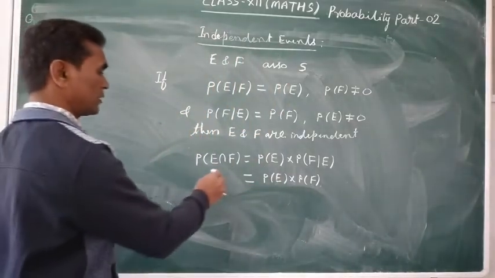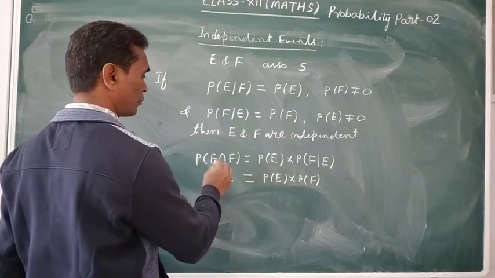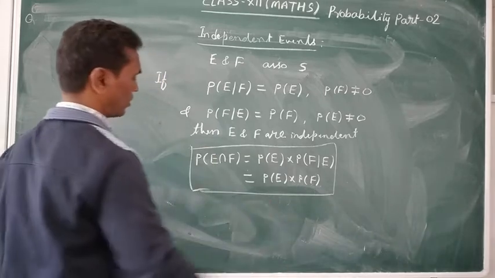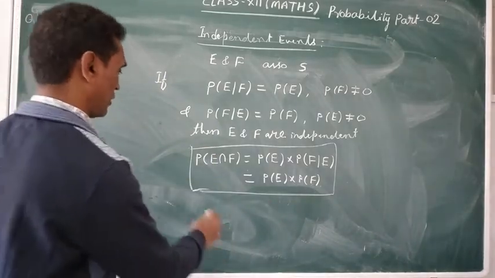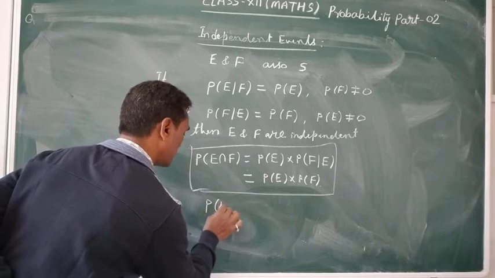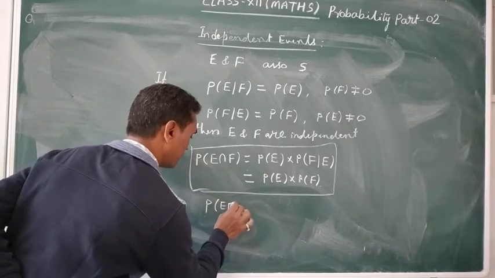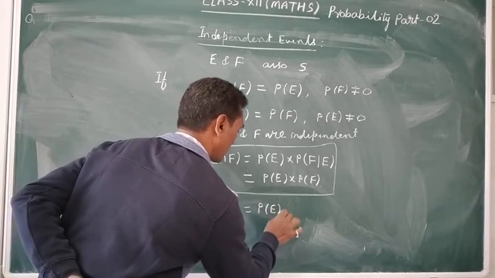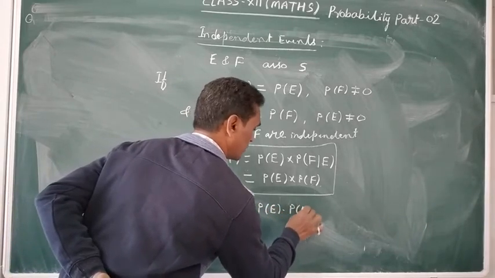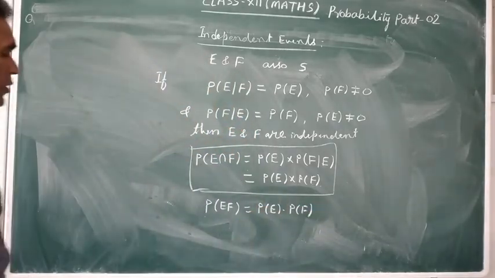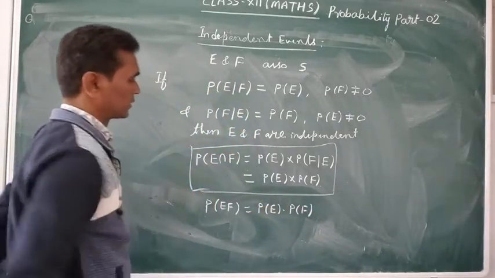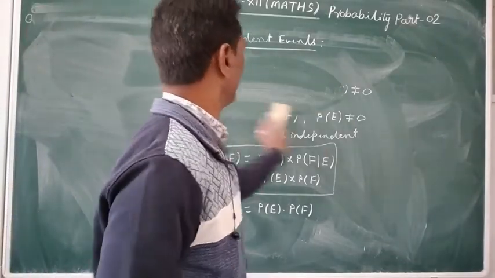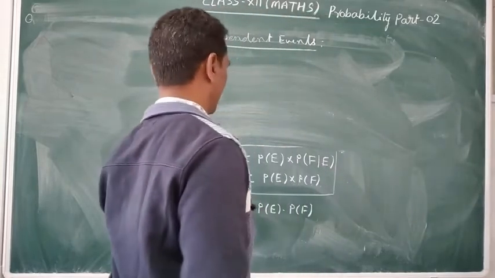So this is the required condition to prove two events are independent or not. So in short form we can write probability of E intersection F is equal to probability of E and probability of F. This is the required condition for independent events in two events.